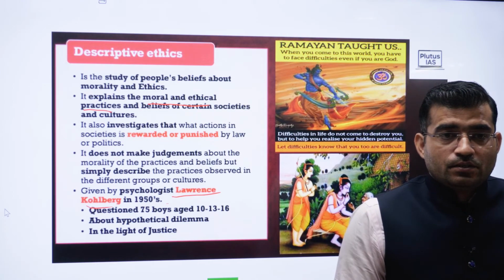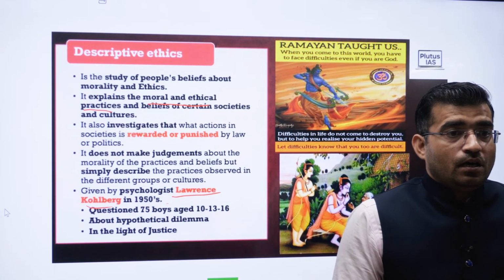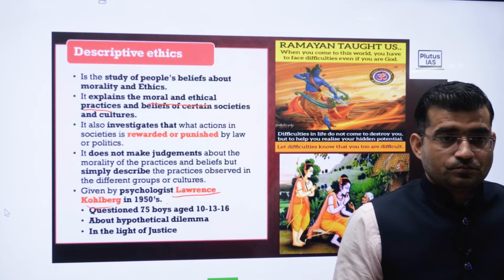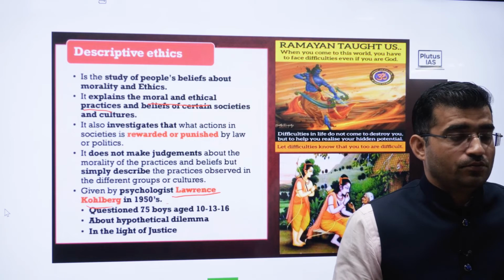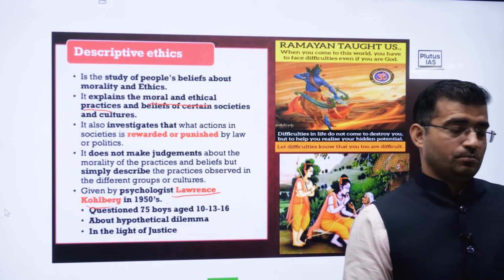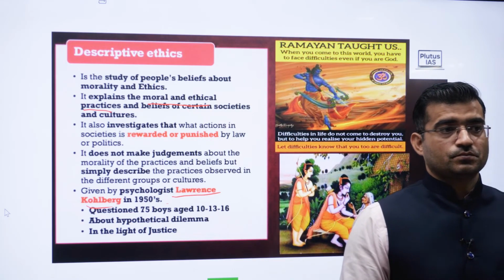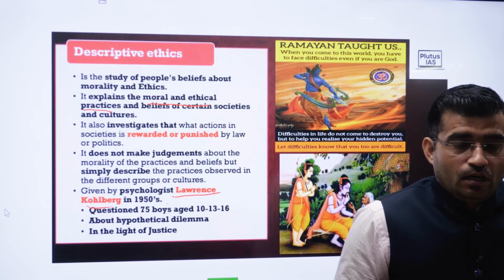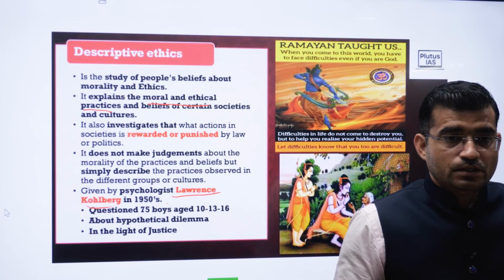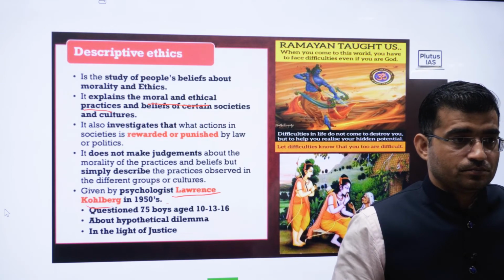Below you can write Mahabharata, virtue of Mahabharata. Ramayana, ethical principles.